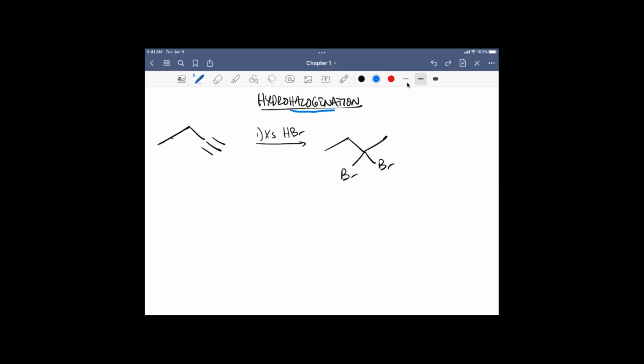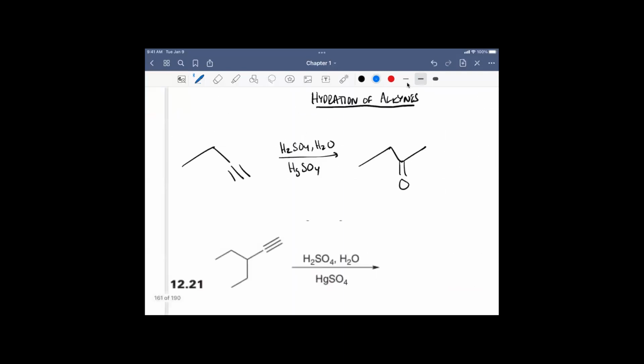You could do excess HCl if you wanted chlorines. So this is really helpful if you're trying to get halogens and your starting material is a triple bond. And remember, we're keeping the same amount of carbons. We have 4 carbons at the start, and we end up with 4 carbons in our product.